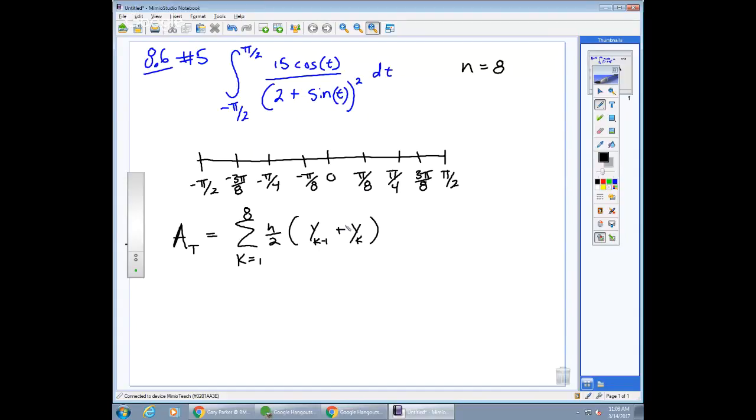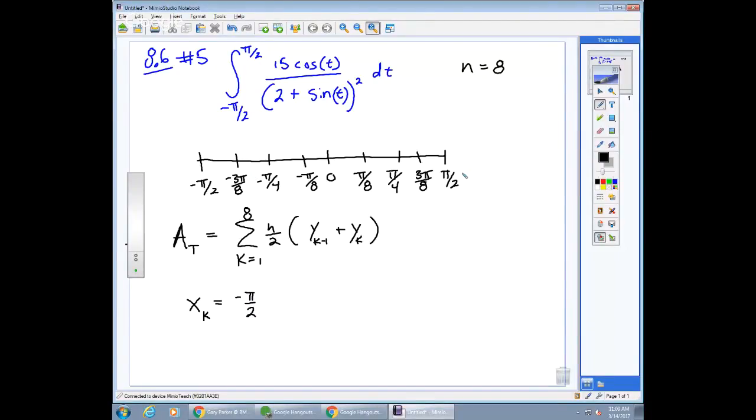So I'm going to try and do it a slightly different way. In order to figure out those y values, I need to come up with a sequence for these x values here. We did similar things way back when we were playing with right-hand endpoints. To figure out what the kth x value is, I make a note that I'm starting at negative pi over 2.